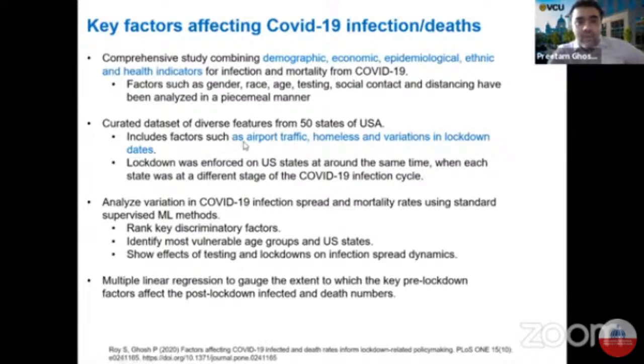We also looked at airport traffic and the number of homeless people in a specific zone. So we looked into some of these parameters as well. We were using standard machine learning based models to study the impact of these parameters on the COVID-19 infection and death counts. We used multiple linear regression strategies for doing this.